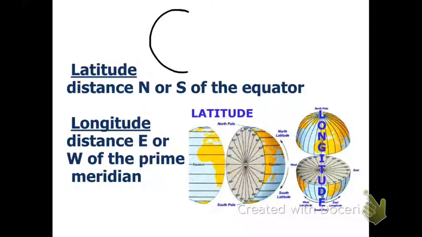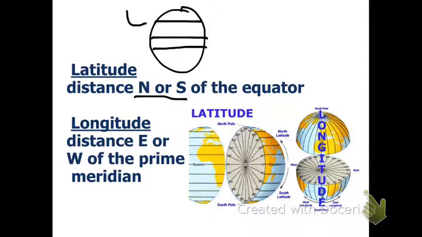So again, if I have the earth and I draw a line of latitude, then it's going to tell me how far north or south of the equator I am. This is my equator. So to draw my next line of latitude, I move north and draw a new line. Or I move south and draw a new line. That's latitude.